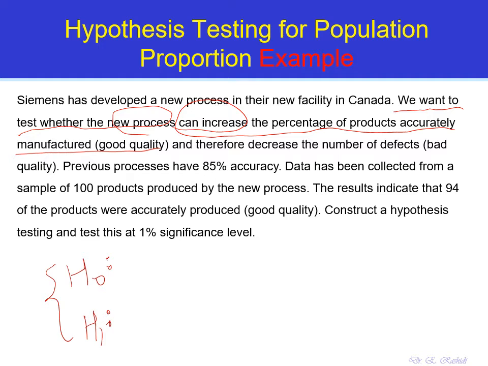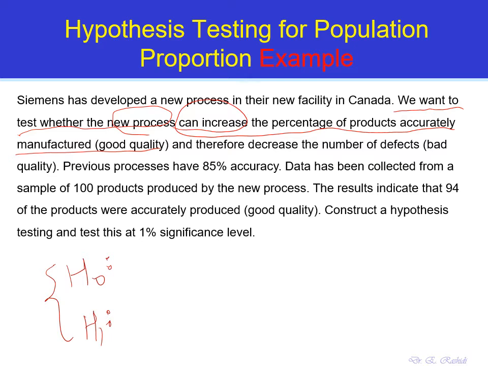That's the new facility built, and they are expecting a change in the percentage of good quality product manufactured. So this is obviously against the status quo, against what was known before, against the already existing condition, which is the null hypothesis. So here, this gives us a clue about the alternative hypothesis, about the change.